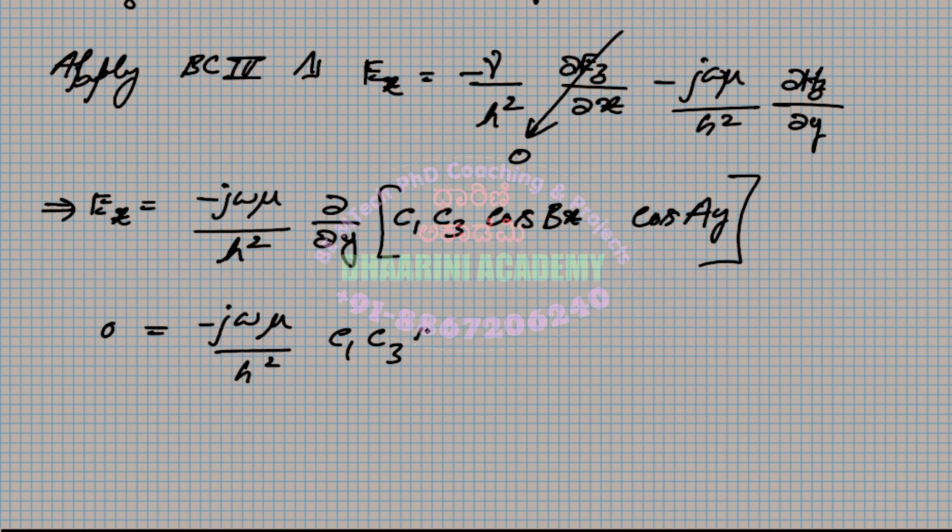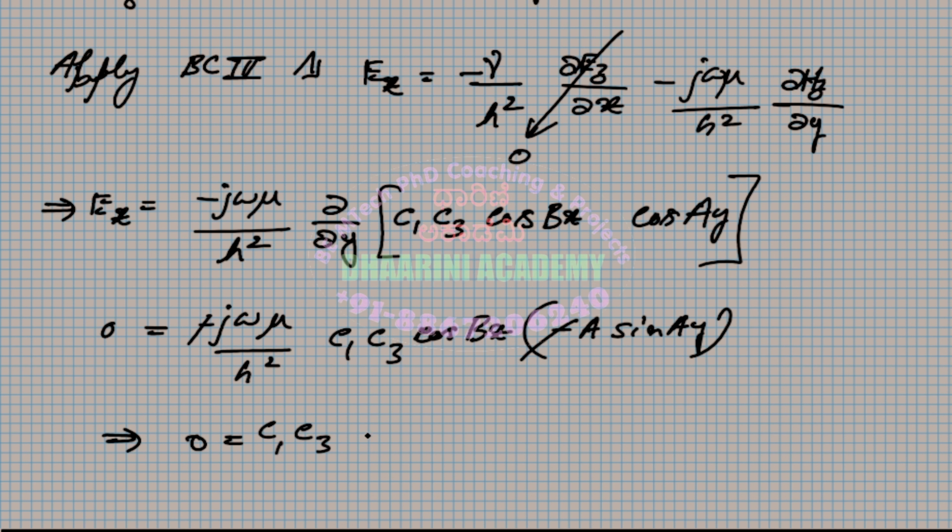Differentiation of cos ay is minus a sin ay. So this minus cancels with this minus. The final term which I want to equate to 0 is only this part. 0 equal to, removing the constant, c1 c3 into capital A cos bx into sin ay.